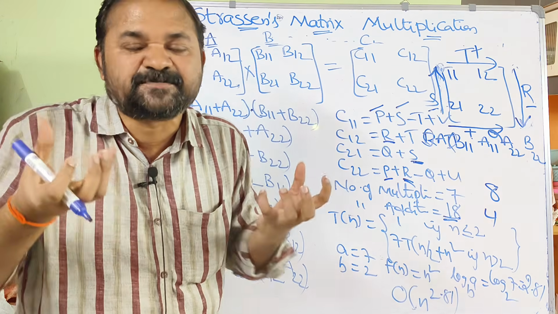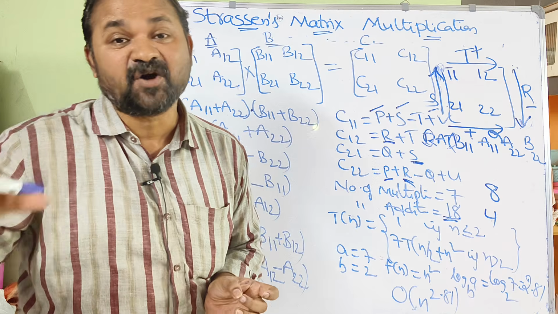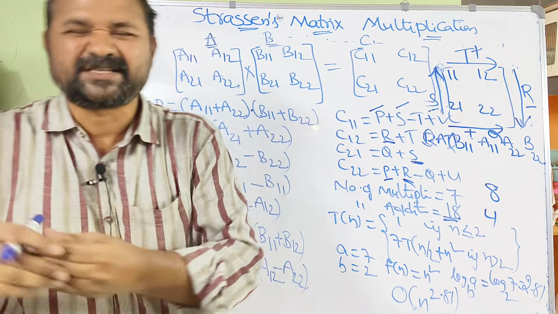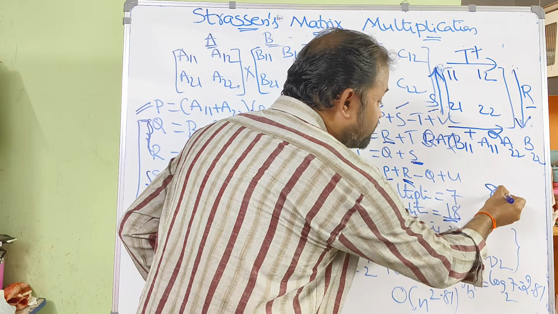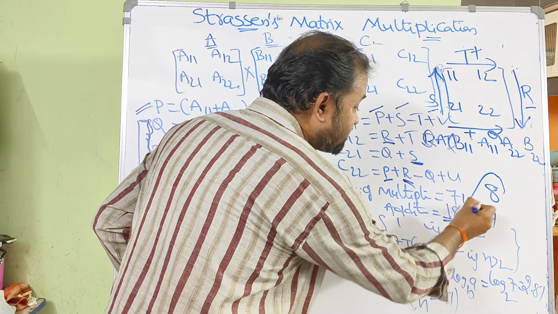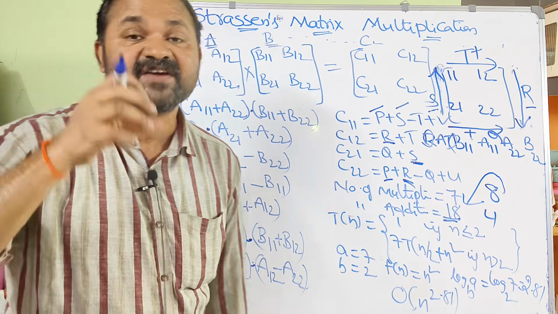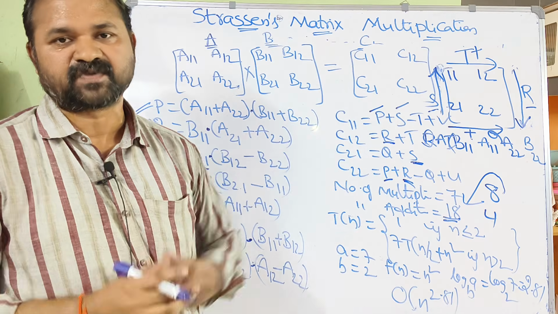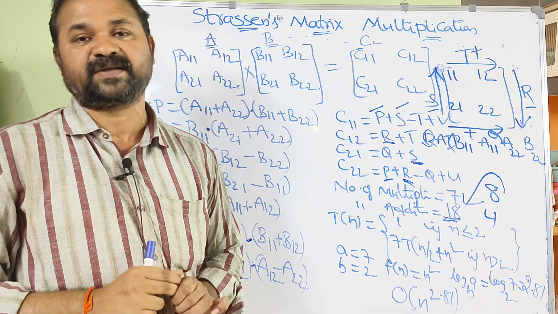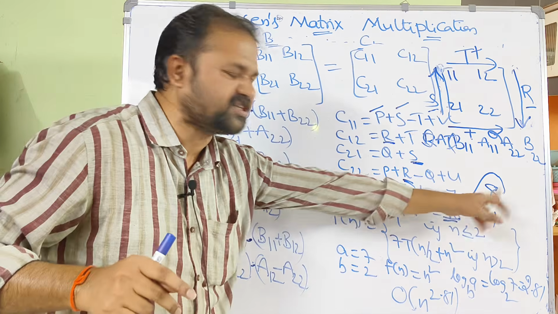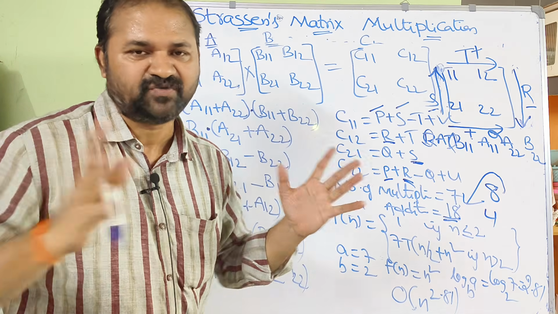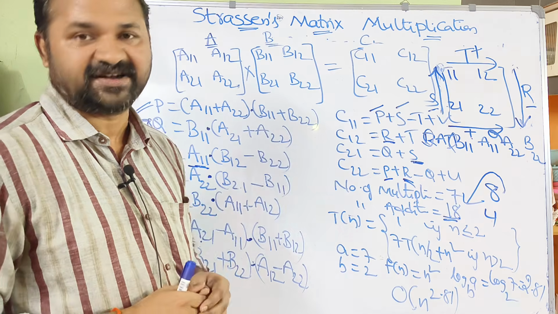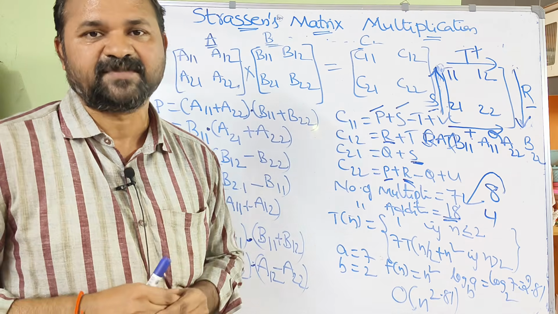It is very expensive, whereas addition operations are not expensive. They are very cheap. So here what we are doing, we are reducing 8 multiplications to 7 multiplications. So that's why we are saying that this is faster. We are reducing 1 multiplication operation. But we should not bother about additions. Additions are very cheap. So we should not bother about that. So this is the advantage of Strassen's multiplication.